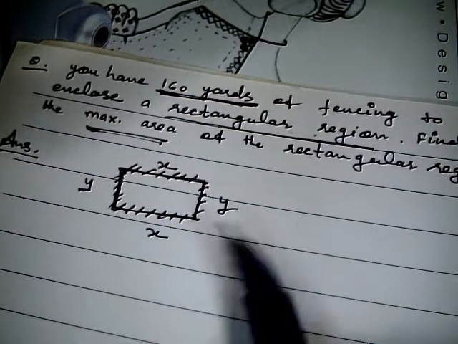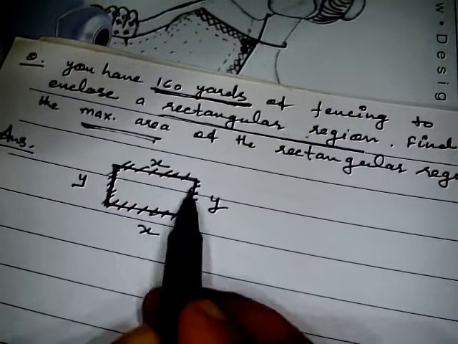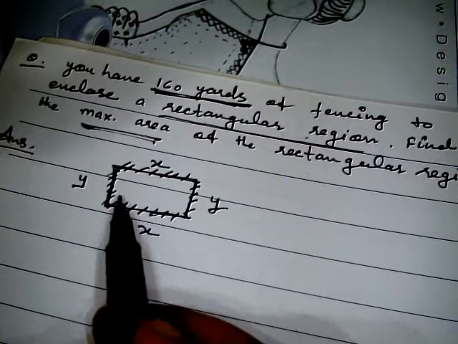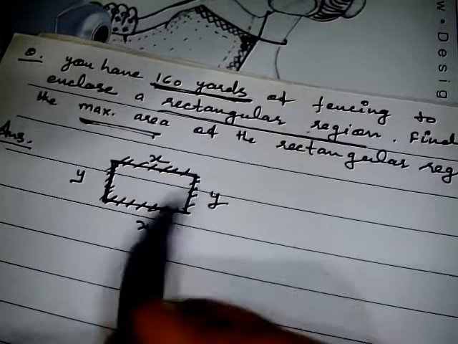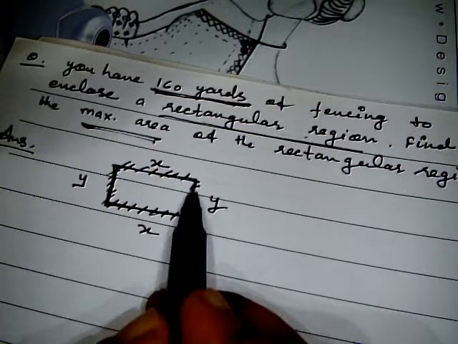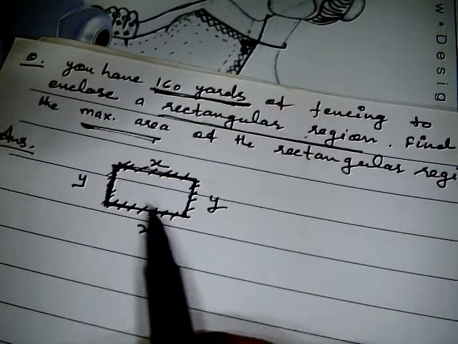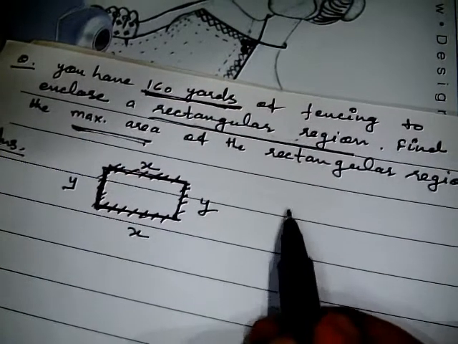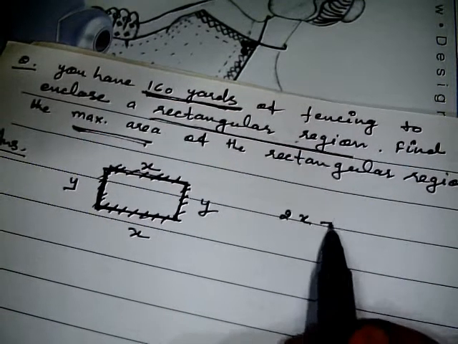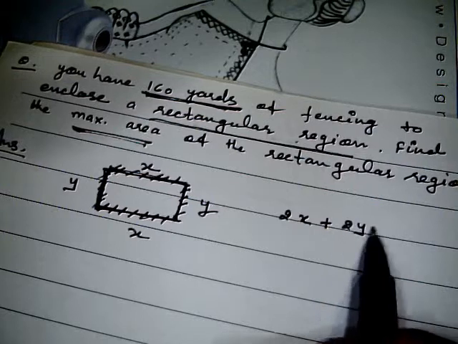So when you are moving on the boundary of a rectangular region, that is called perimeter. So when you move x plus y plus x plus y, it is going to be 2 times x and 2 times y equals 160.